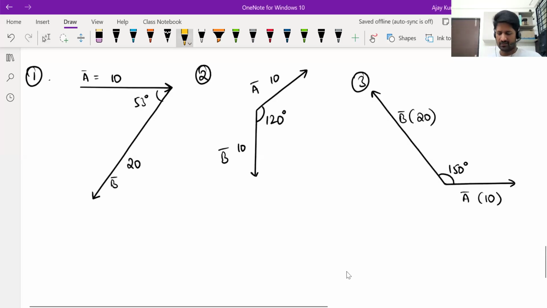So tell me, I just wanted to ask you this. What is the angle between vectors A and B in the first case? Angle between vectors A and B.